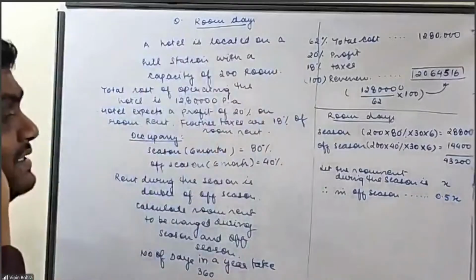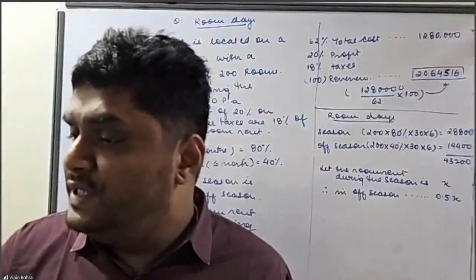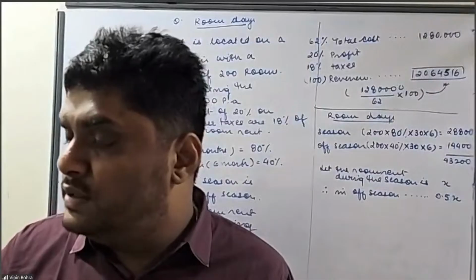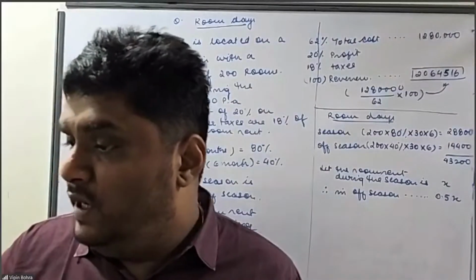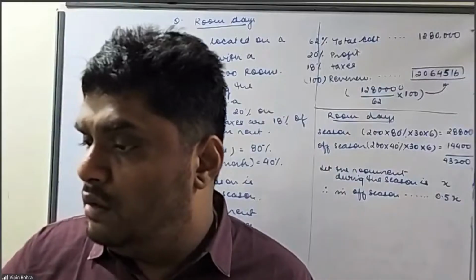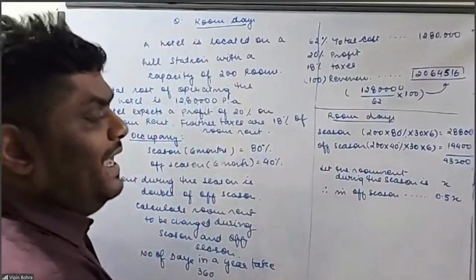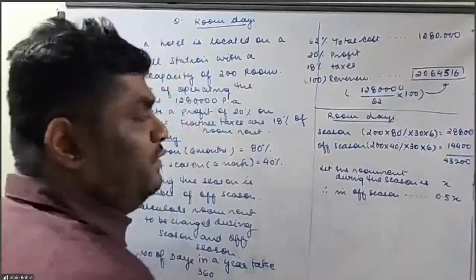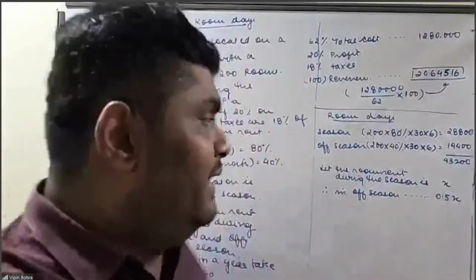If the rent during the season is X, during the off season it is 0.5x, that is half of the season rent. I have received a few more answers. Very good, Anurag.